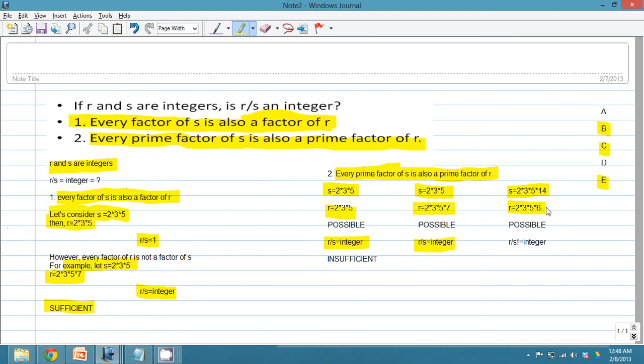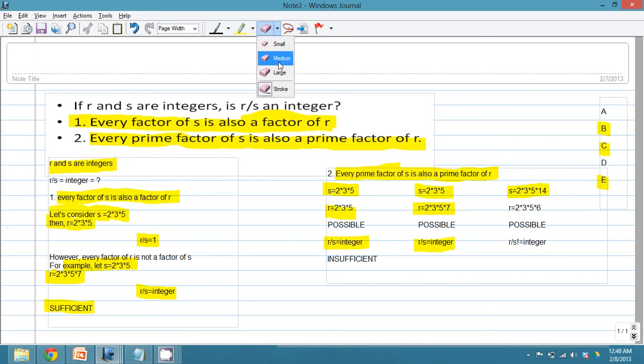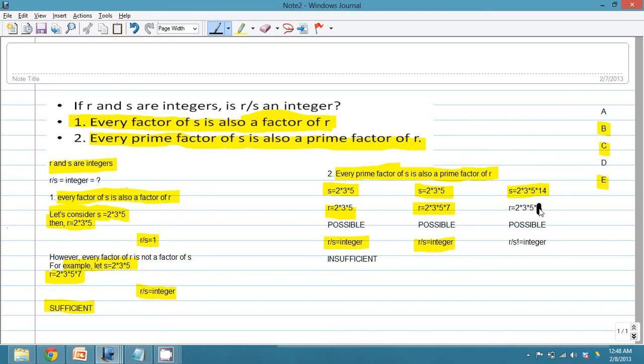6 wouldn't be valid. So let's say instead of 6, r is 8.